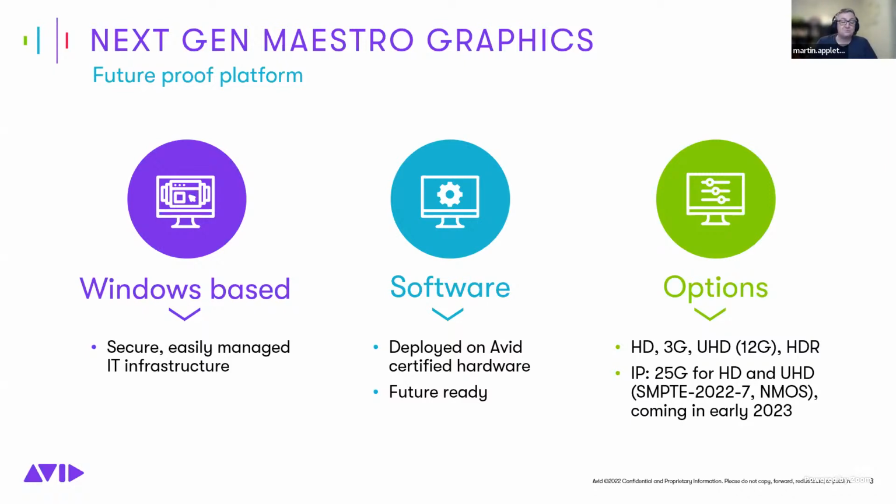We're taking platforms from Dell, verifying that they're running the software correctly, and also allowing us to set performance expectations for users. Right now, we have options that allow you to do HD, 3G, UHD over 12G, and HDR. And coming very early next year, we'll have IP support for 25G, allowing you both HD and UHD production, with support for all of the SMPTE standards right out of the gate.